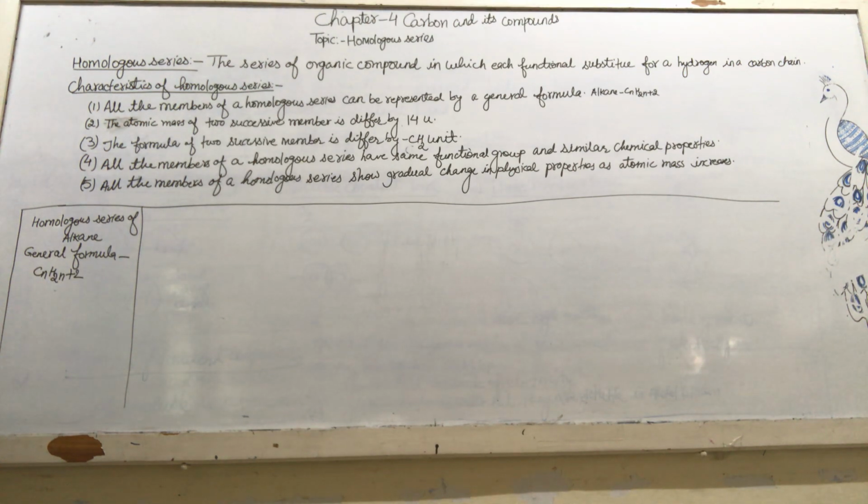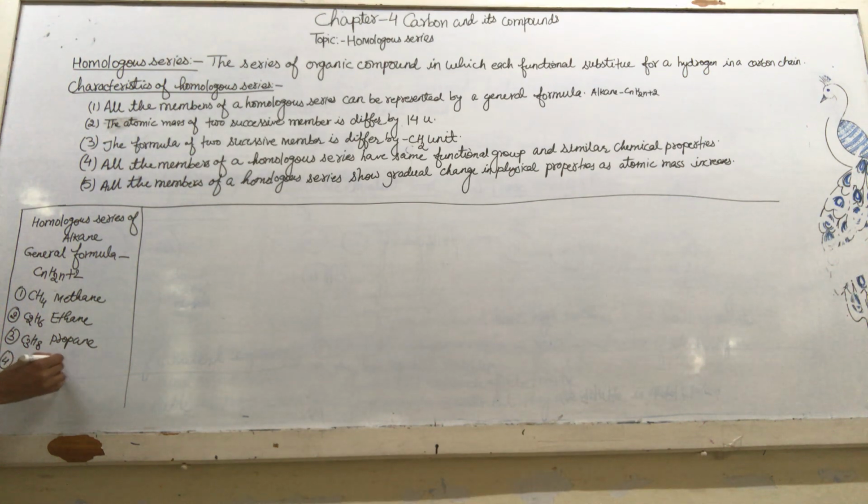If you write the value of n, then the first member is CH4 methane. The second member is C2H6 ethane. The third member is C3H8 propane. The fourth member is C4H10 butane. The fifth member is C5H12 pentane.